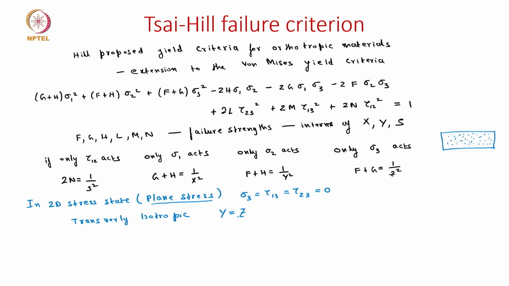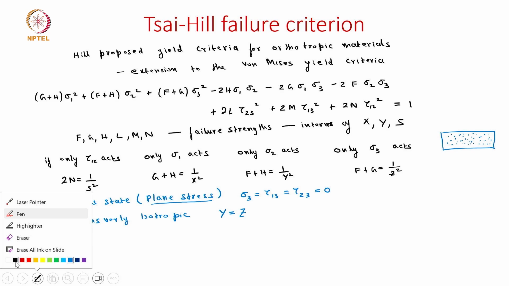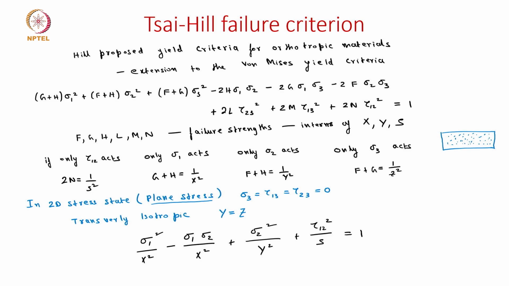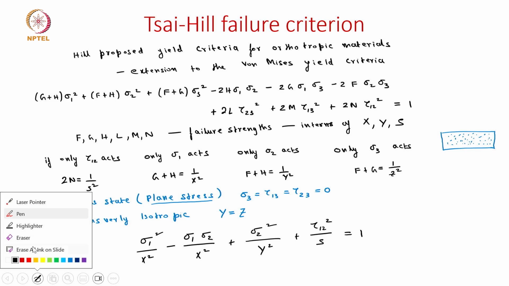So when we make these simplifications, where we moved from a three-dimensional problem to a two-dimensional problem, or from 3D stress state to 2D stress state, and we also assume transverse isotropy, then I can rewrite this yield criterion, which will be further simplified. So with these simplifications, now we are able to come up with an expression which is quite compact and simple.